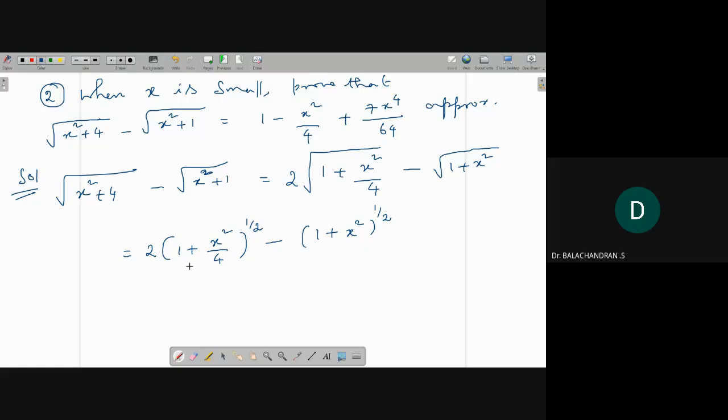So again expansion, 1 plus x whole power n, here also 1 plus x whole power n.